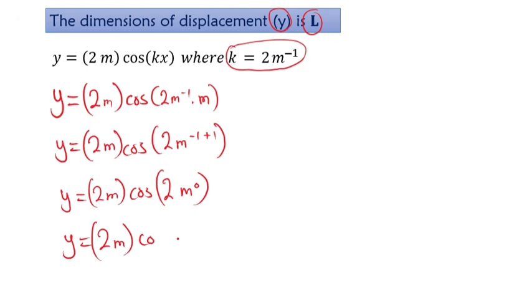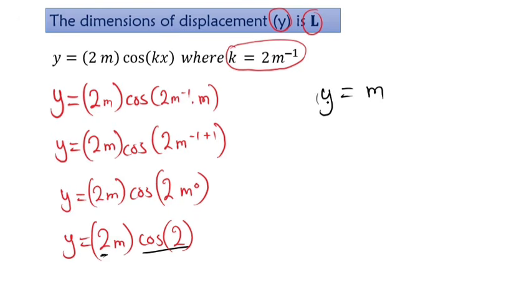So we have cos 2, because m⁰ is 1. Just like the previous question, cos 2 is a dimensionless constant, so we can leave it out. We have two constants in this case: cos 2 being a constant, and this 2 as well. So the only thing we remain with here is y = m.